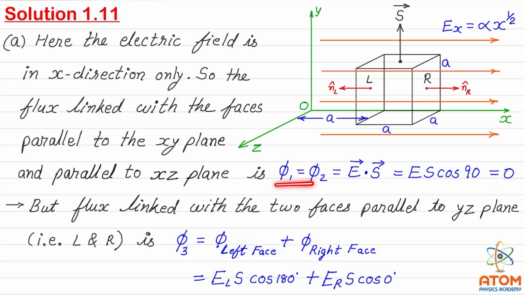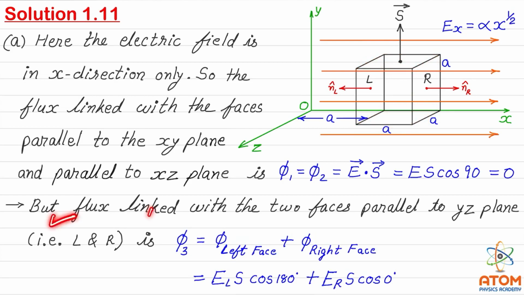That means the flux phi 1 and phi 2 will be 0. That means the flux linked with the front face as well as the backward face is 0, and the flux with the top face as well as the bottom face is also 0.